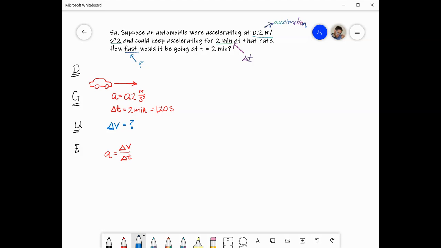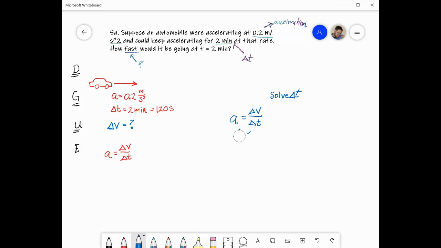So I'm going to rework this algebraically and say A is equal to delta V divided by delta T. And I want to, quote, solve this for the unknown, which is the delta T. So I'm going to solve for delta T. In order to solve this for delta T, I need to move delta T over to the other side.